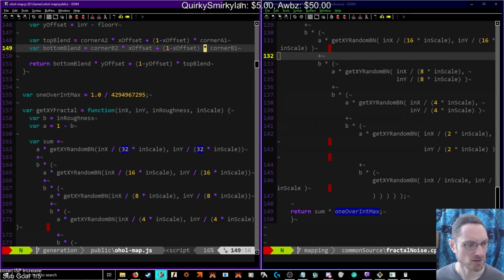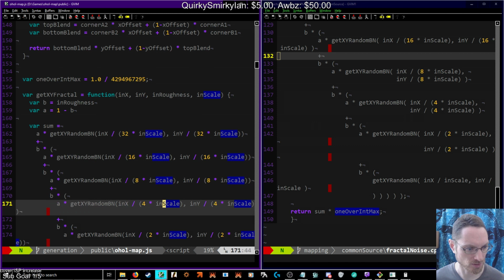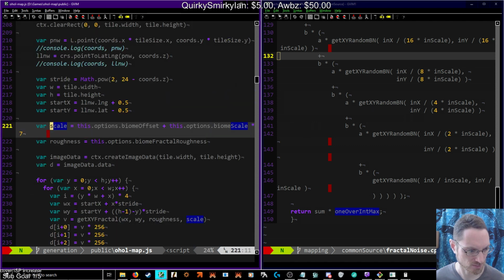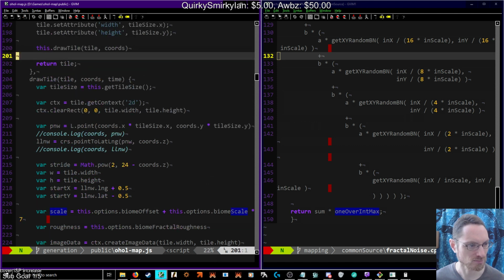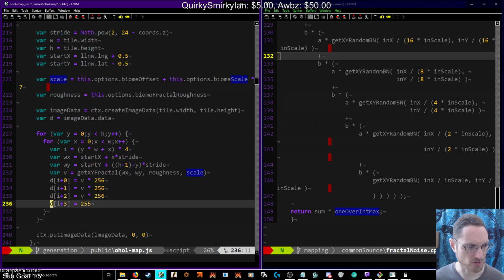Oh, I didn't have a scale variable in here already, did I? No, okay. Because I kind of refer to that with the zoom sometimes.